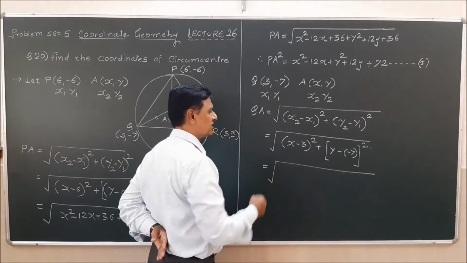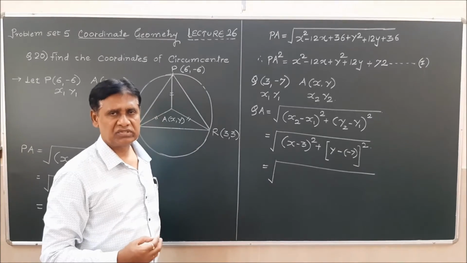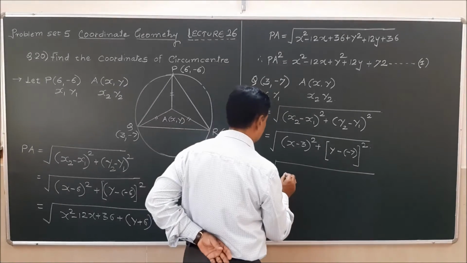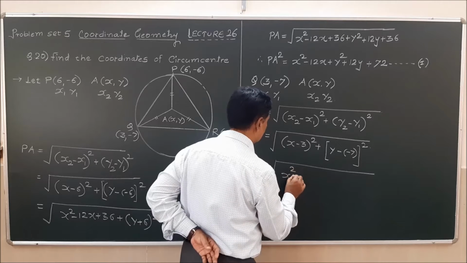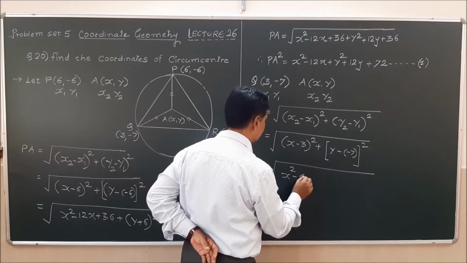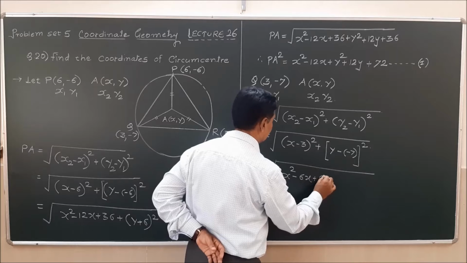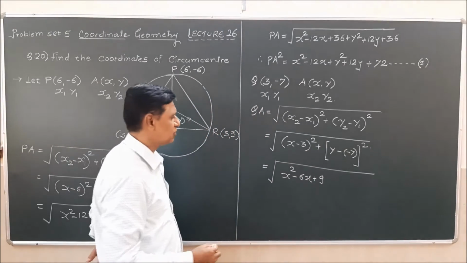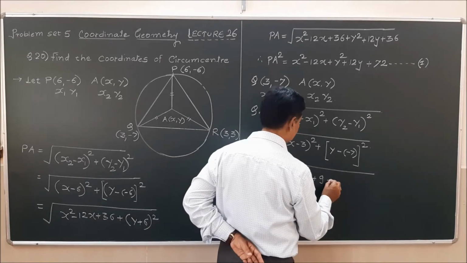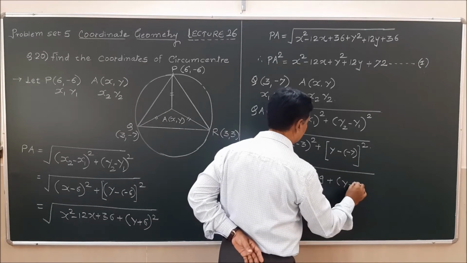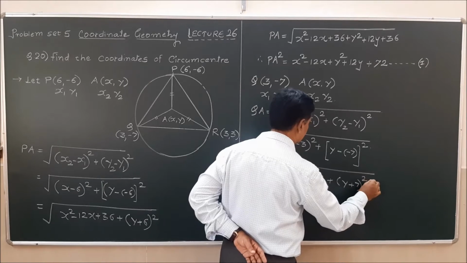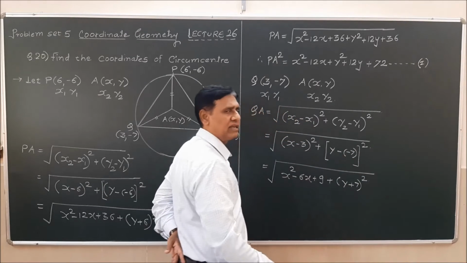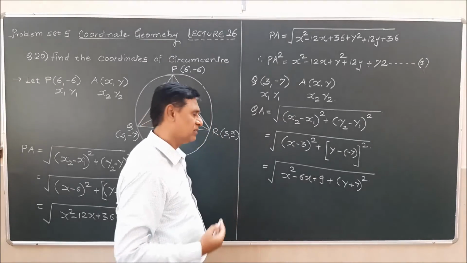Expanding (x minus 3) the whole square using the formula (a minus b) the whole square: x square minus 6x plus 9, a square minus 2ab plus b square, plus (y plus 7) the whole square. The effect of the minus sign over this minus 7 makes it plus.